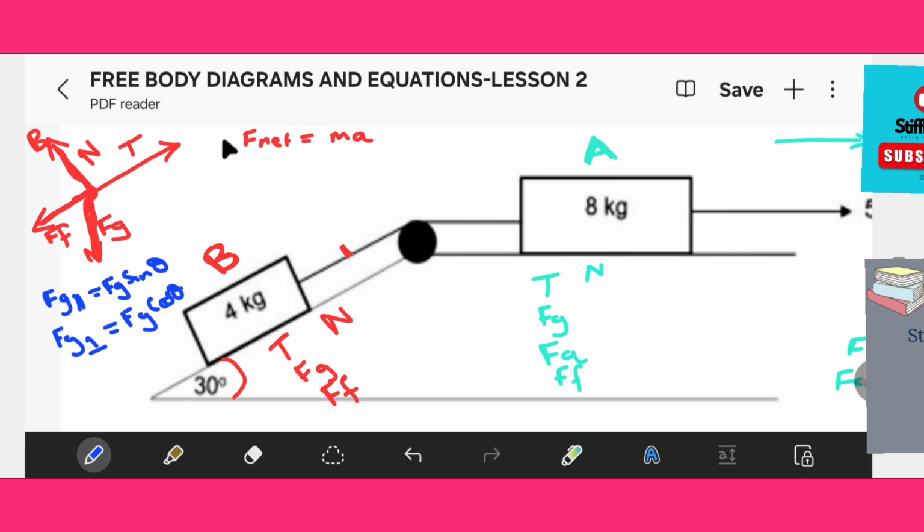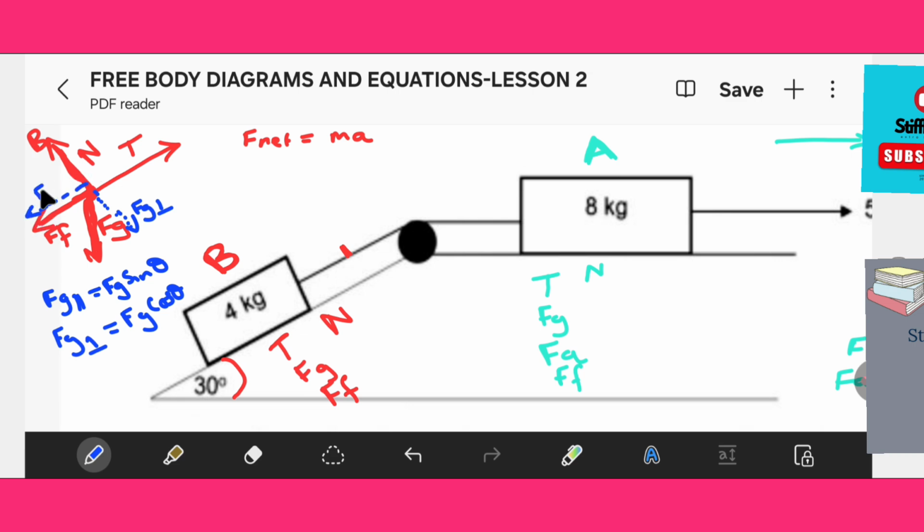So now, how can we formulate our equation of motion? This Fg has two components, but you don't need to show them on the free body diagram. I'm showing it now so that you can see where everything that I'm talking about is coming from. So this is Fg perpendicular, and we can also have Fg parallel, which is always acting down the slope.